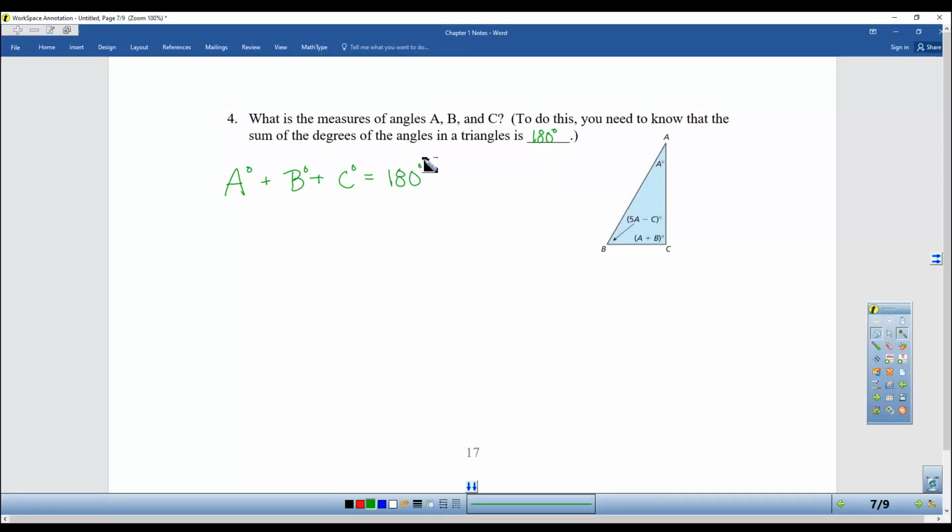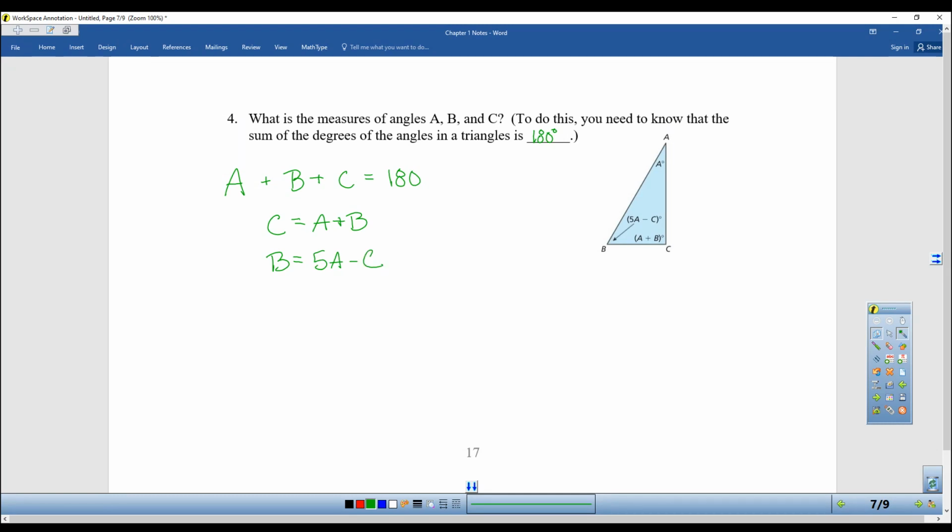So if you didn't know that, you would never get equation number 1. For our purposes, I know I keep telling you to label everything, but you're welcome to leave the degrees out just to make your life easier. And then they told you that angle C is equal to A plus B. And they told you that angle B is equal to 5 times angle A minus C.